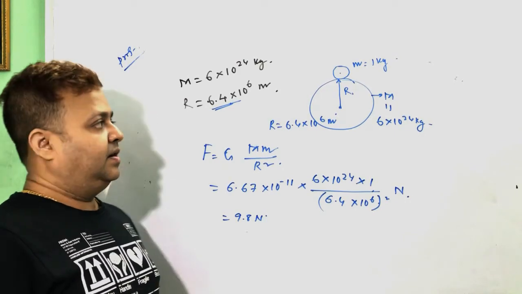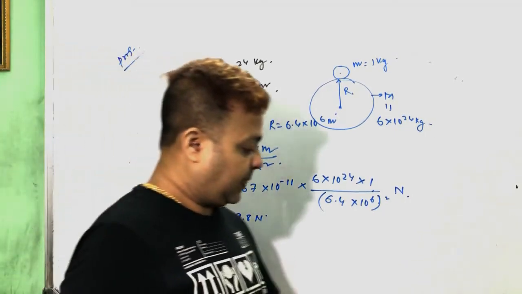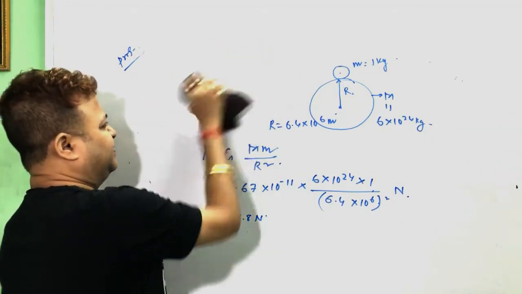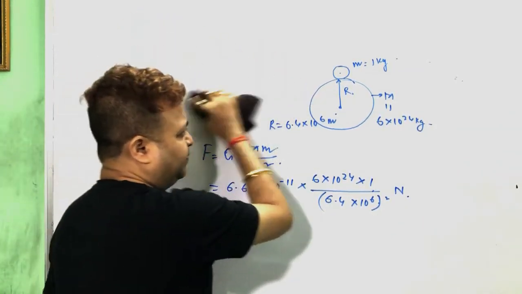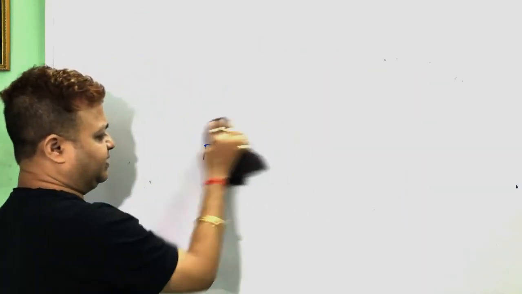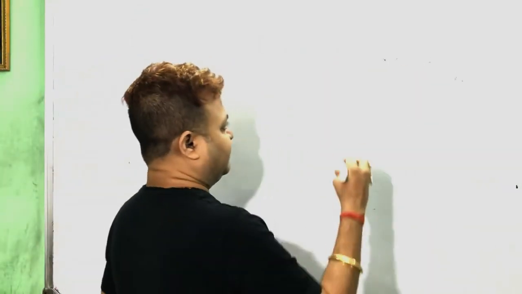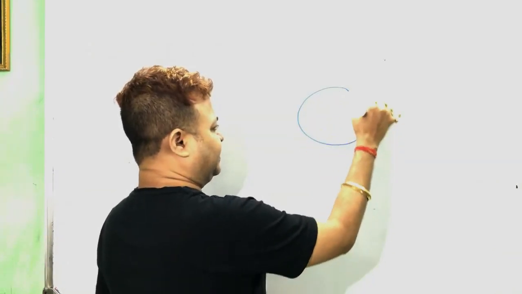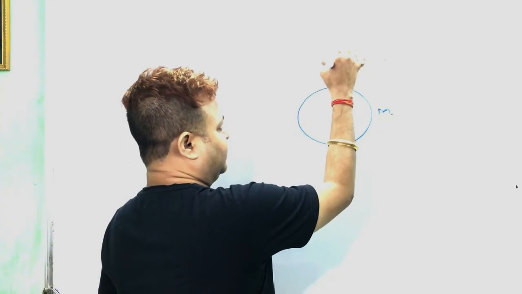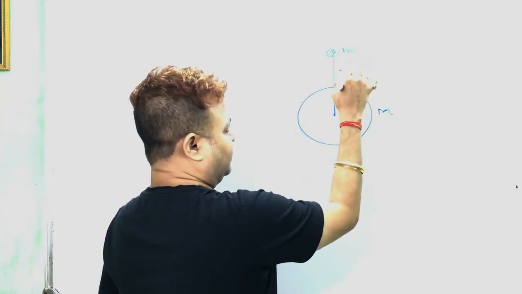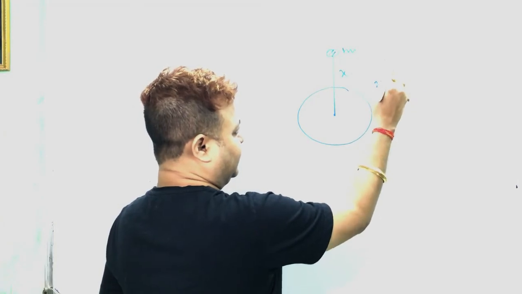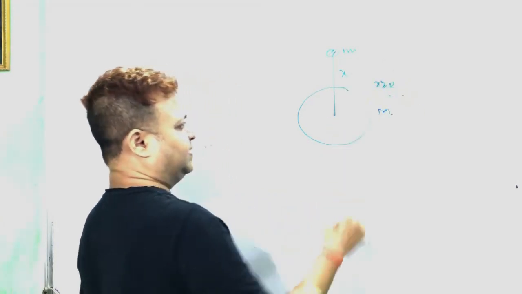Okay. Next question. A body is placed at a certain distance x from the center of the earth, where x is much greater than the radius of the earth.